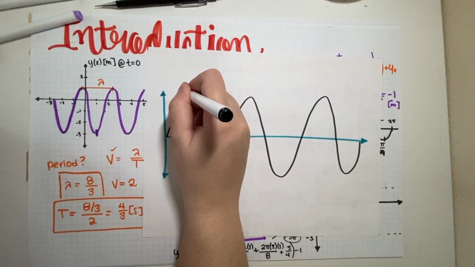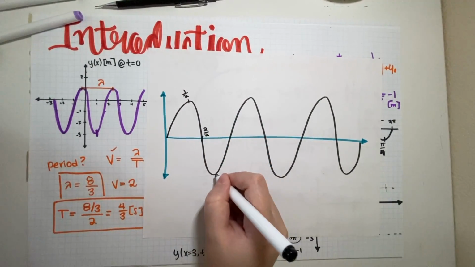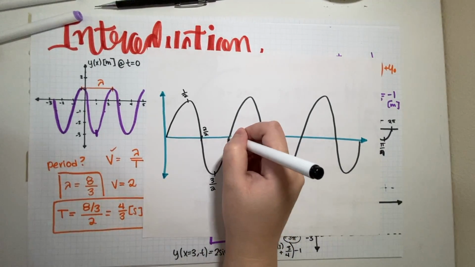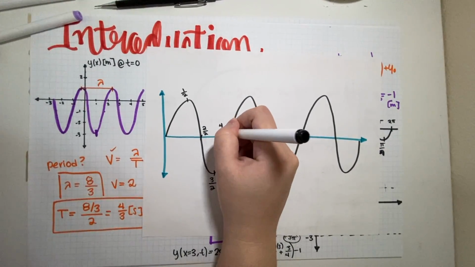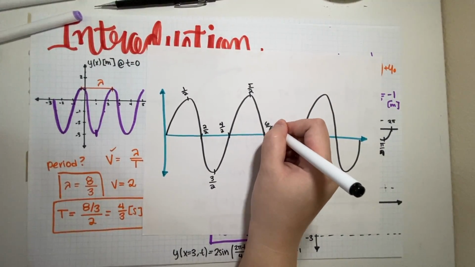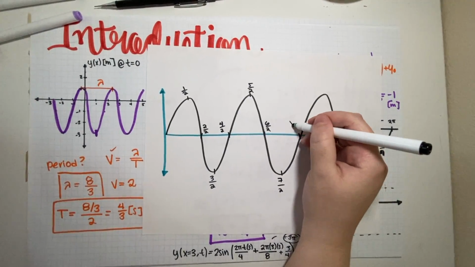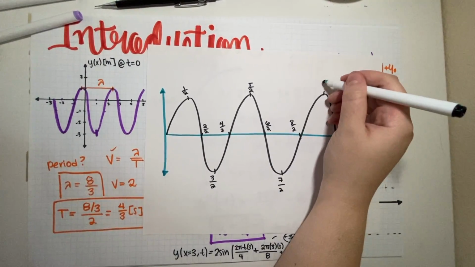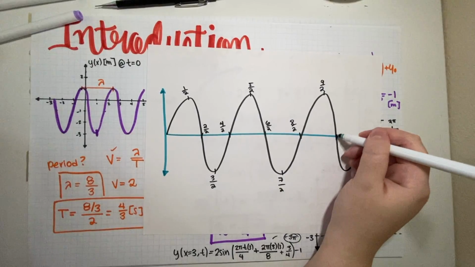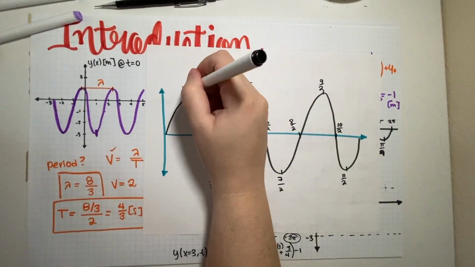So this is 1/2, 2/2, 3/2, 4/2, 5/2, 6/2, 7/2, 8/2, 9/2, 10/2, 11/2, and then this is all pi, right?